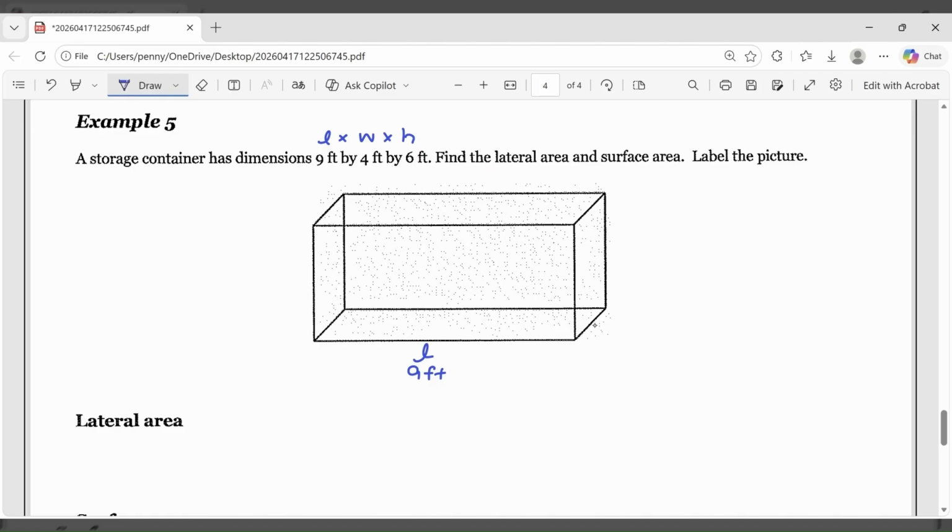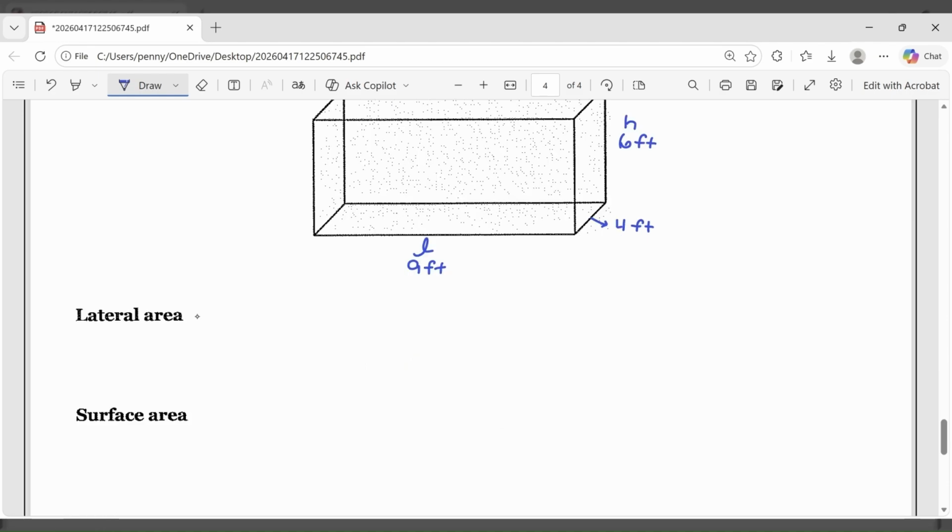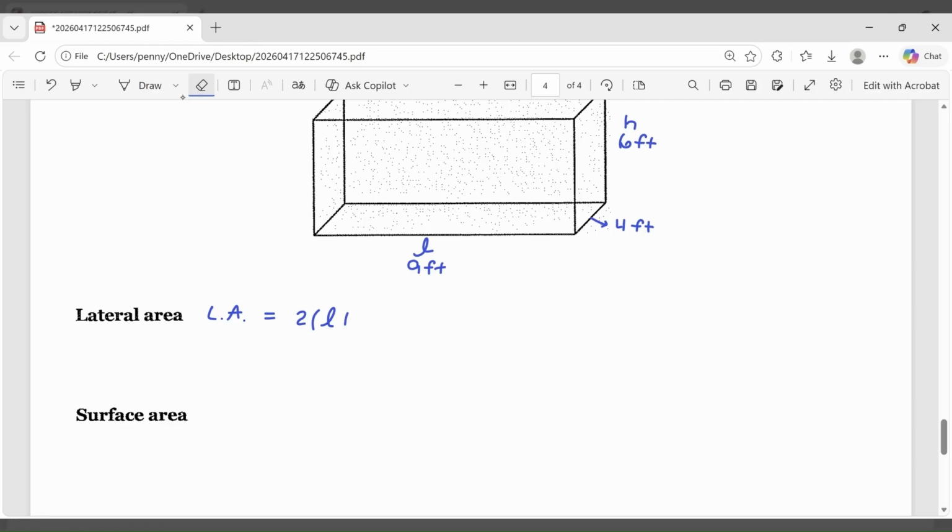Our width is 4 feet. And our height is 6 feet. And now we're ready to find our information. So lateral area equals 2 times L plus W. Excuse me. Yes, L plus W. I wrote H. Let me fix that.